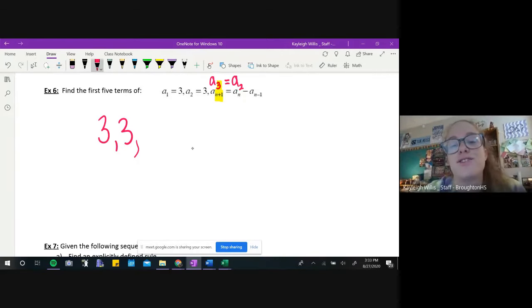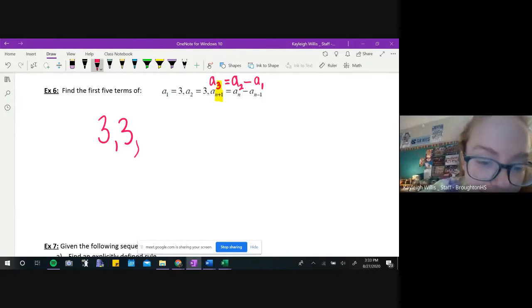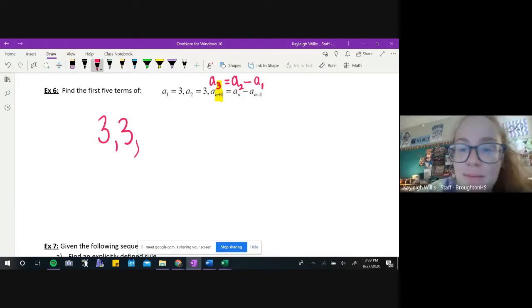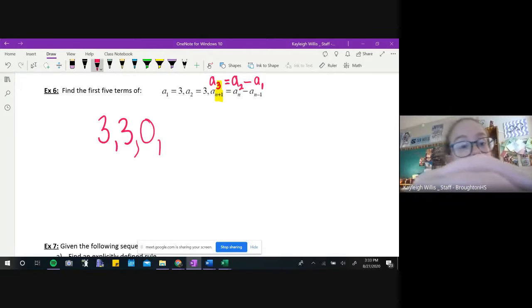So then if that's 2, then n minus 1 is going to be a sub 1, because the n is 2 right there. All right, so that means I'm subtracting the 2nd term minus the 1st term to get the 3rd term. So this is the 2nd term and this is the 1st term, so that's going to be 0. And then I'm assuming all that means is I am going to be doing the 3rd term minus the 4th.